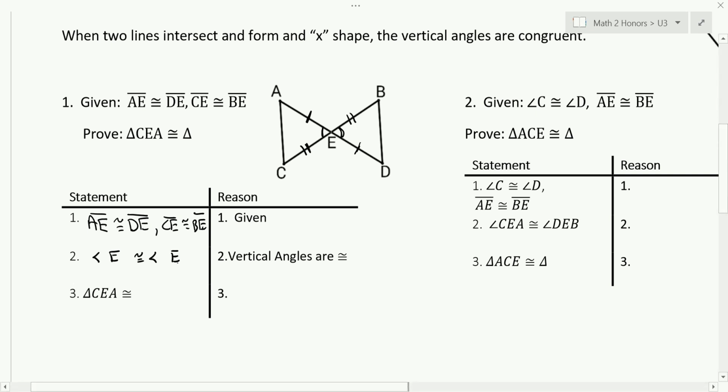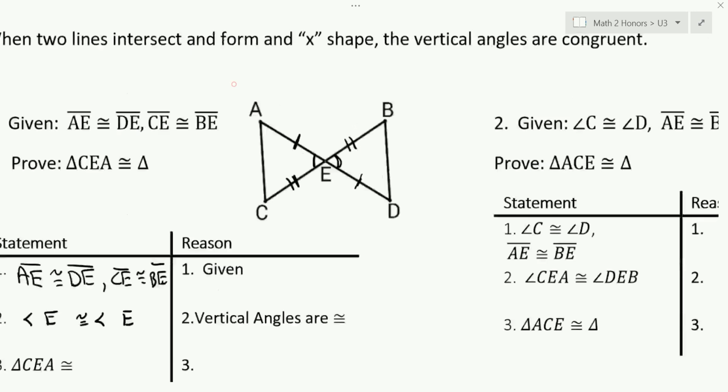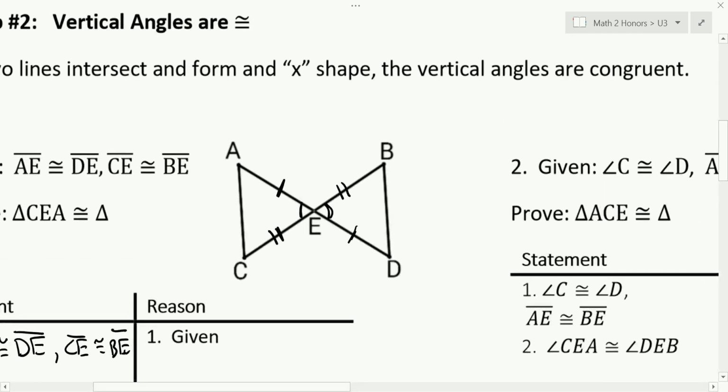But if you say angle E, there's a lot of angles happening around E, right? Are you saying this angle is congruent to itself and using the reflexive property? Or are you saying that this angle up here is equal to this angle, or congruent?